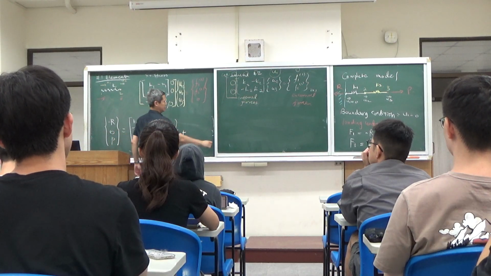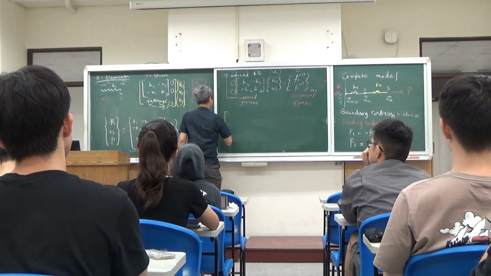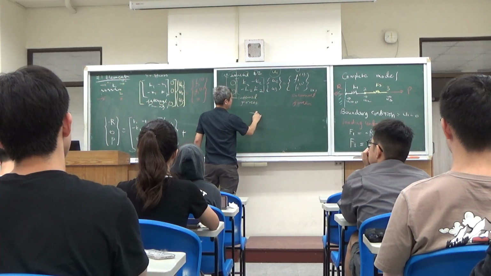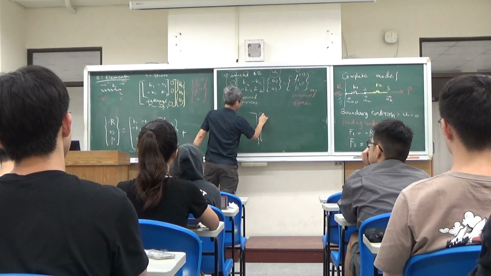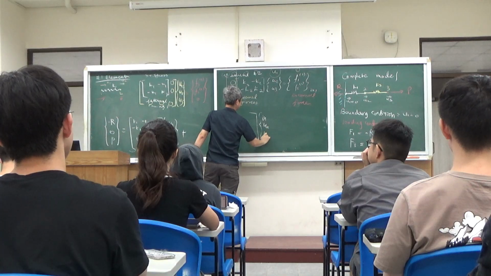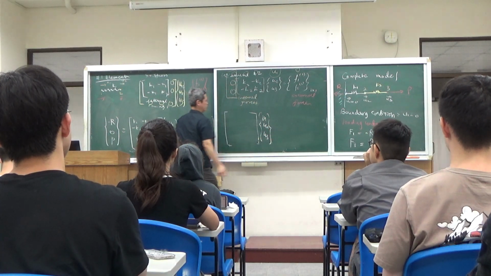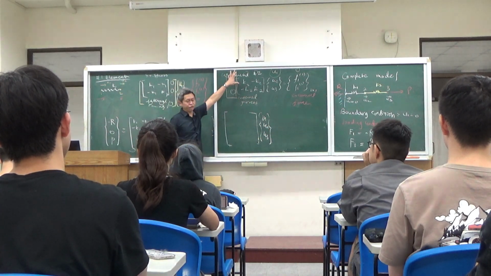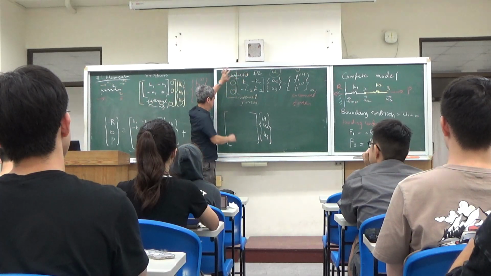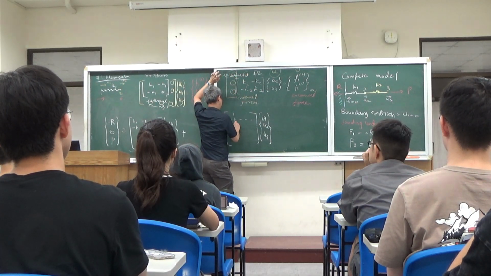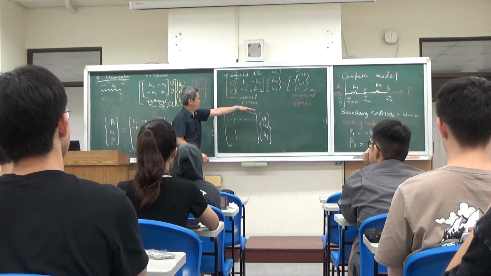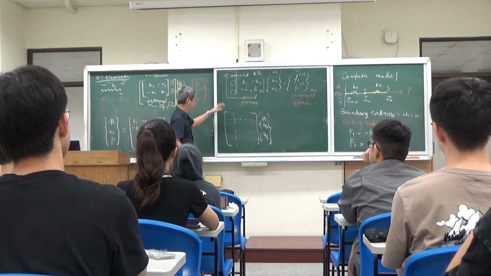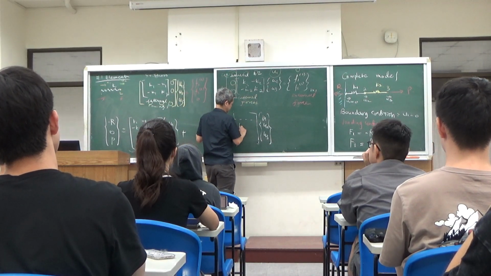And then plus this one. Sometimes you write the displacement vector first to guide you. Because this is the internal force from element 2, the first row and first column are 0.